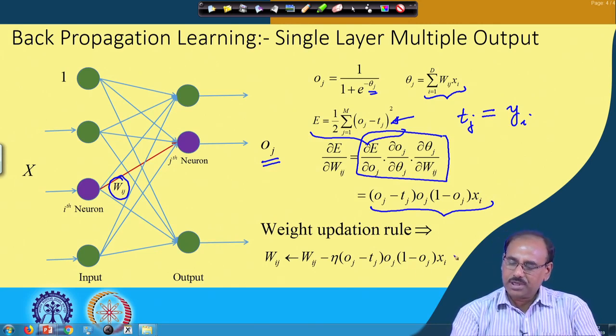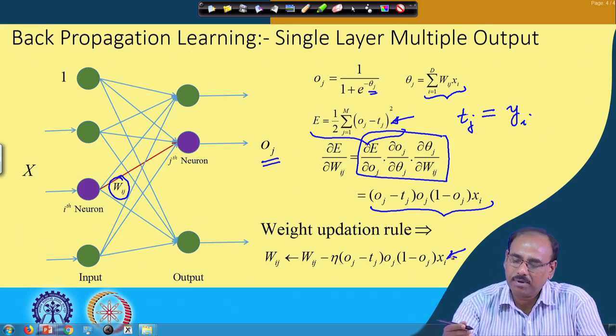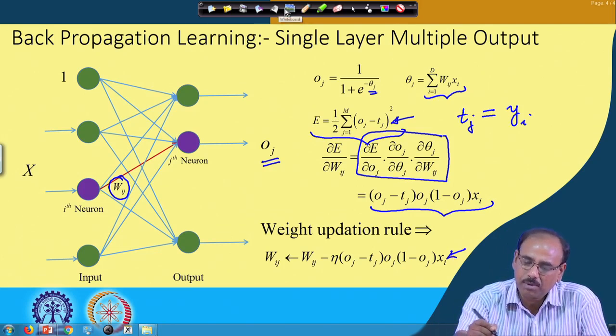Given this, my weight updation rule becomes w_ij gets w_ij minus eta times (o_j minus t_j) into o_j into (1 minus o_j) times x_i, where x_i is the ith component of the input vector and w_ij is the connection weight from the ith node in the input layer to the jth node in the output layer. This is the updation rule that we get in a single layered perceptron when I have multiple outputs.